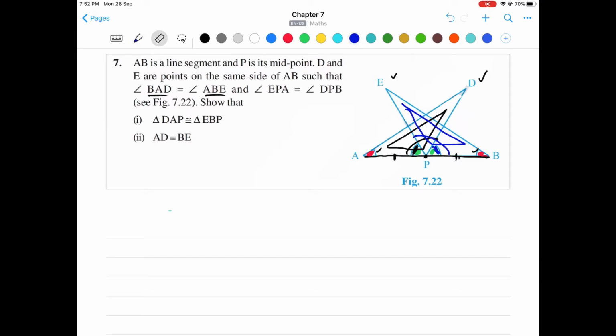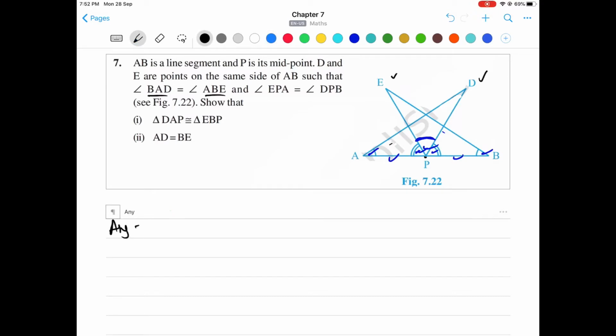So what we're going to do here is add this portion of the angle to both, so this third angle will also be equal, and we'll get angle side angle. By ASA these two triangles will be proved congruent. Okay, so let's start its answer.